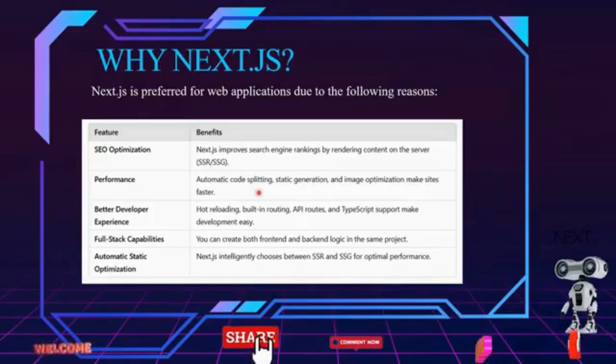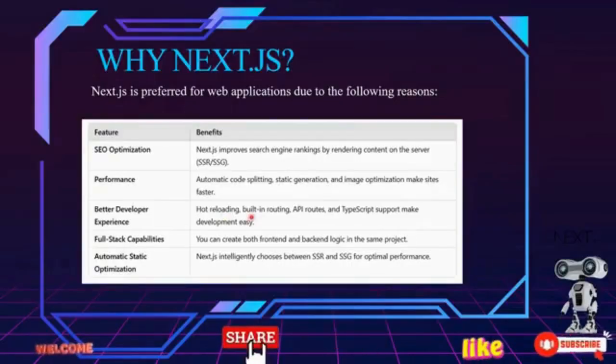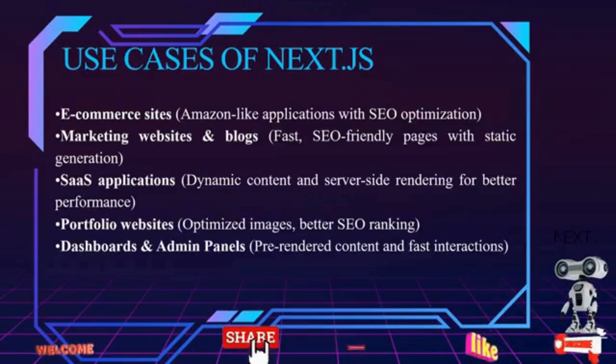Automatic code splitting, static generation, and image optimization give performance. Hot reloading, built-in routing, API routes, and TypeScript support make development easy. These are some points to use Next.